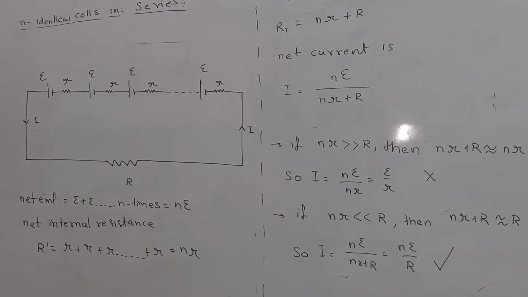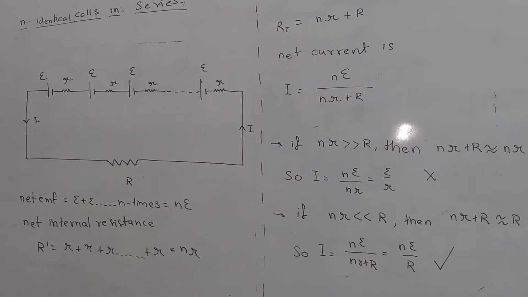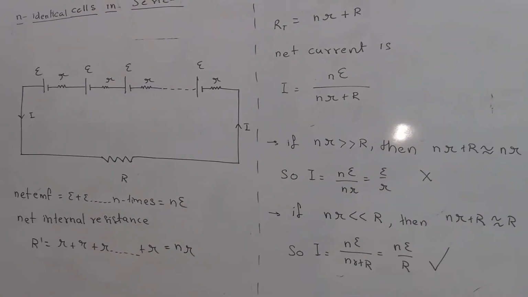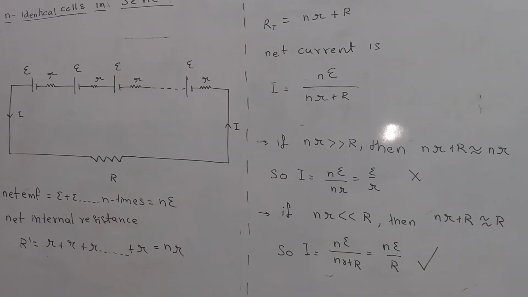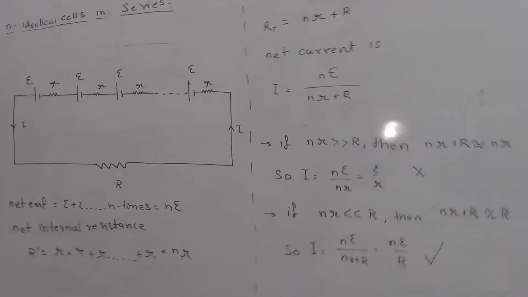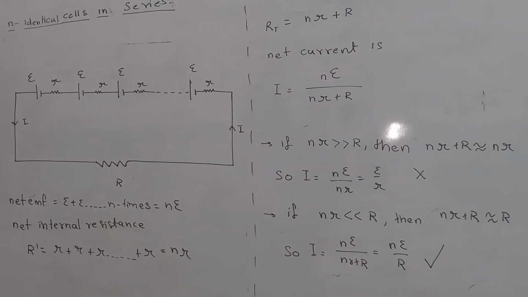Okay, friends of class 12 science, today we are studying the topic of n identical cells in series. That means what will happen if we use identical cells like in this circuit.